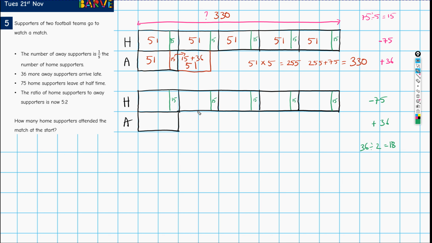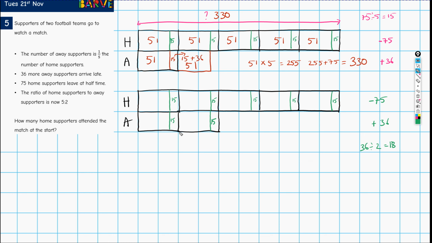So let's think about it. In the end, the away supporters are represented by 2 parts to every 5 home. So let's draw that in. We also have to modify the bar to lose the 15.